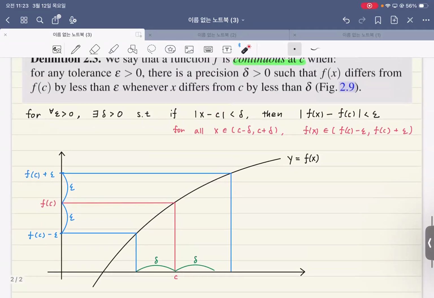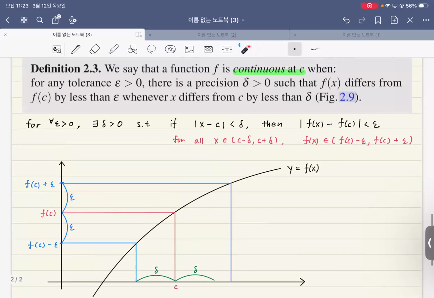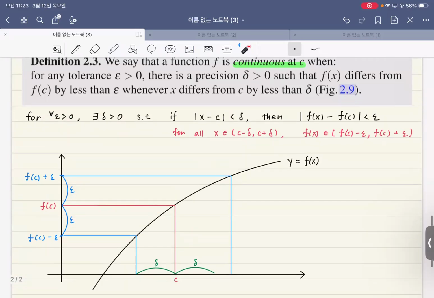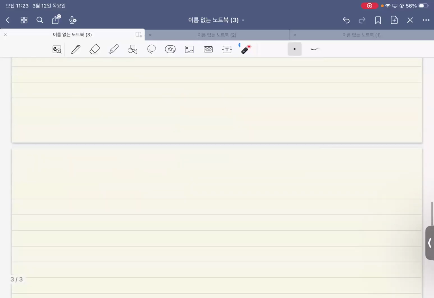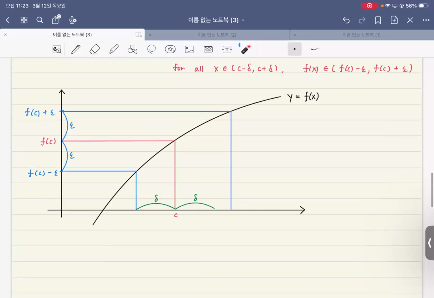But that is not enough, because in order to say that f is continuous, I must find such a delta for every single epsilon. And we were just done with one single epsilon. So let's try another epsilon.